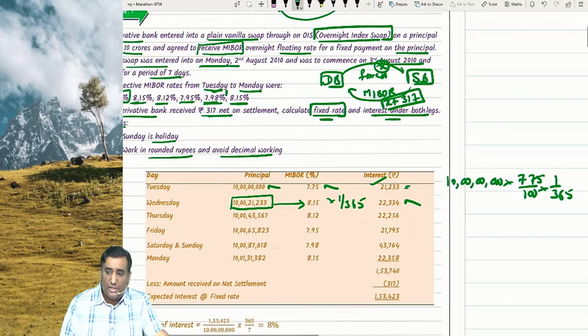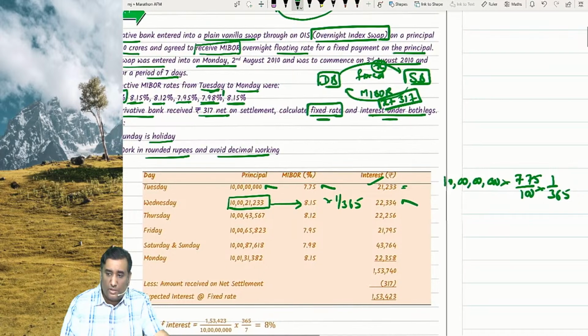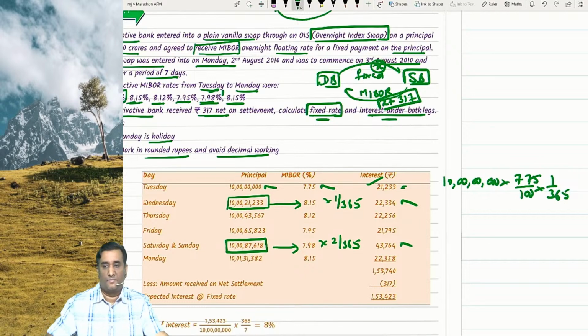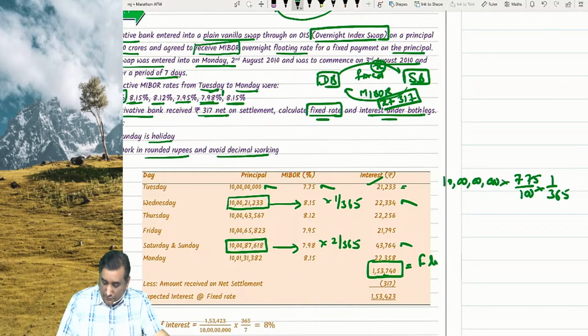So you can calculate the interest under the floating rate easily because the rates are known, and Sunday was a holiday, so you calculate this way, and that is 2 by 365. You get this amount, and then Monday comes, and this total amount is the interest under the floating rate.